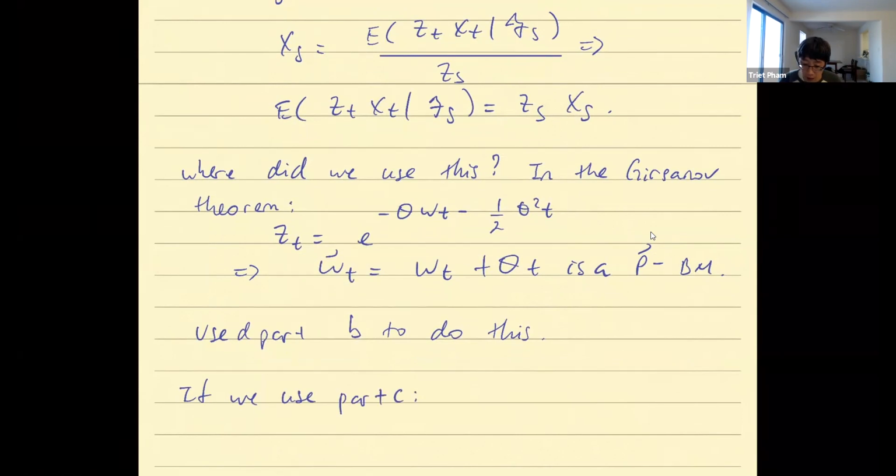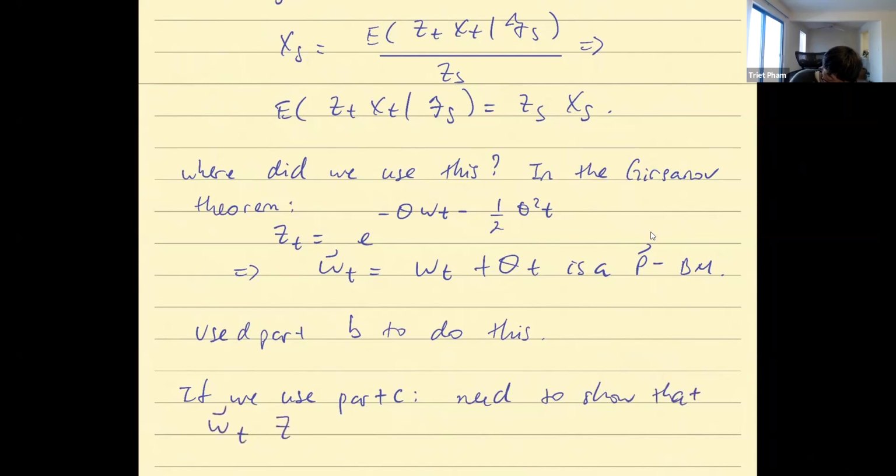If you use part C, it will ask you to show, because you claim that W tilde T, so this is exactly this, we need to show that W tilde T times ZT is a P martingale. If you can show that W tilde T ZT is a P martingale, then you're done.